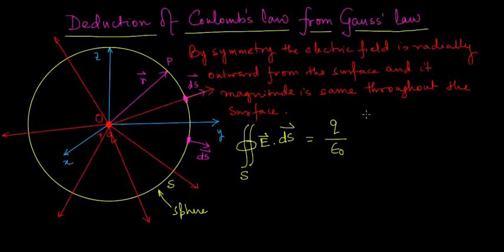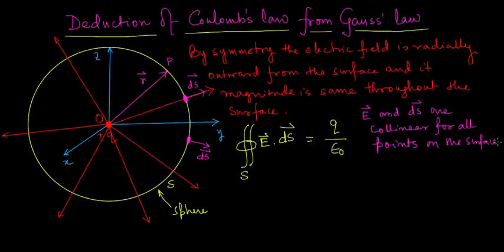So E and ds are collinear throughout the surface. If you take any point on the surface, it will be the same. It's collinear for all points on the surface, right? So what will be E dot ds? E dot ds will be E ds.